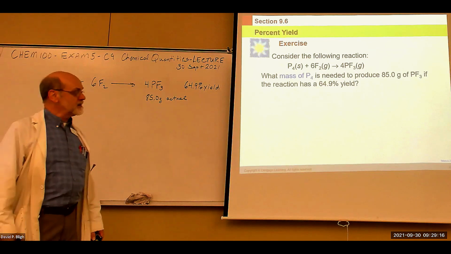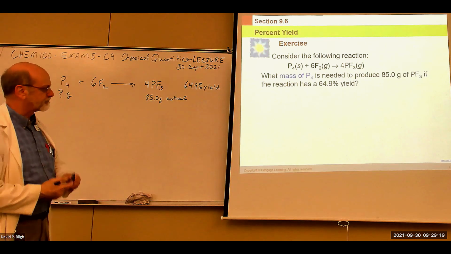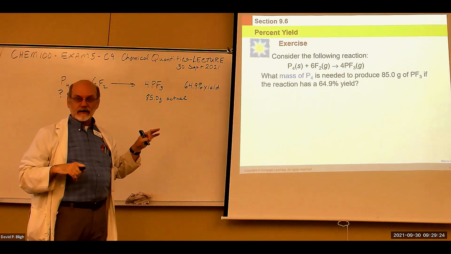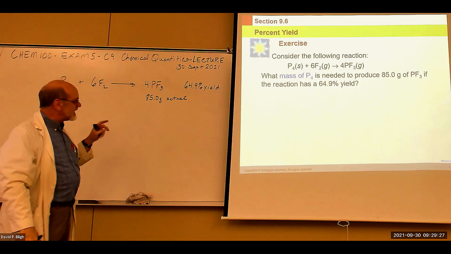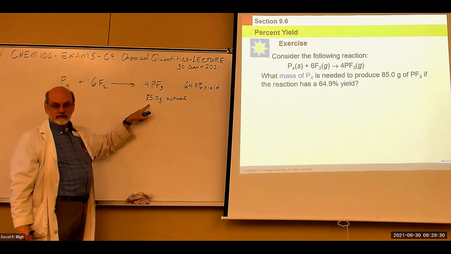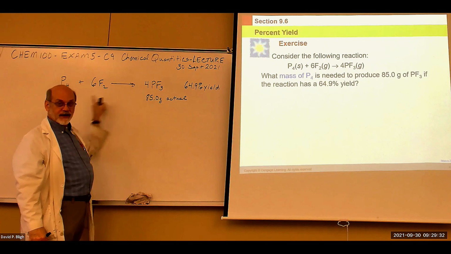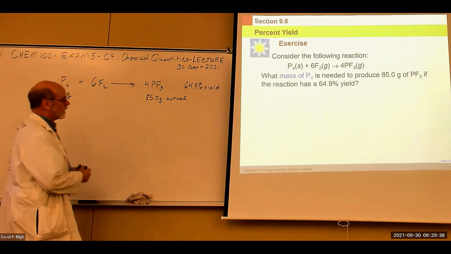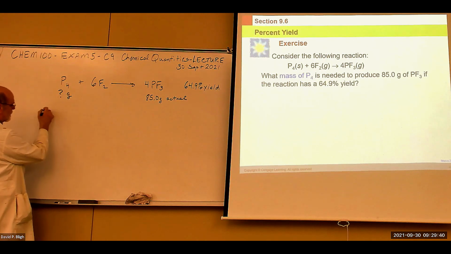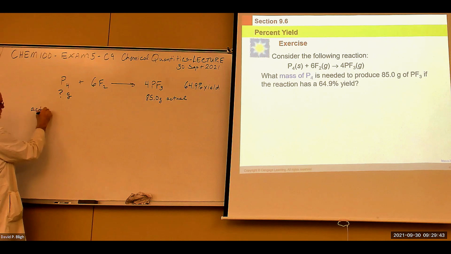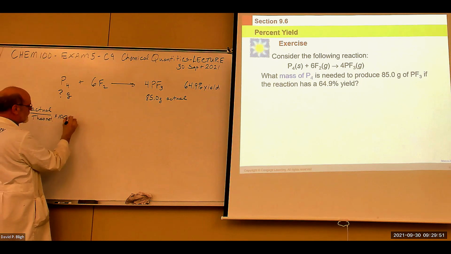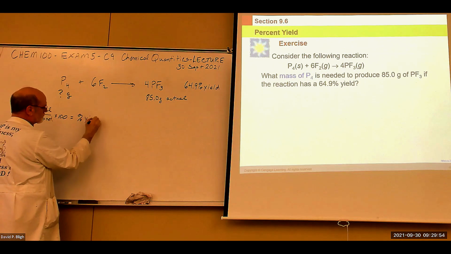Okay? So how do we approach this problem? Everything that happens in here is theoretical. So what we need is the theoretical amount of that value before we can find out what we need to start with. So how do you do that? Well, you use the equation, right? Actual divided by theoretical times 100 equals percent yield.